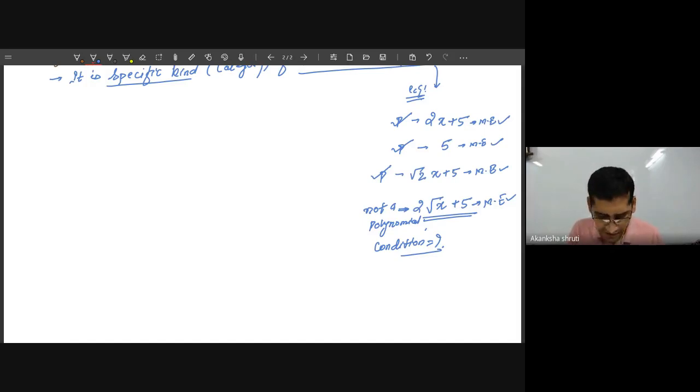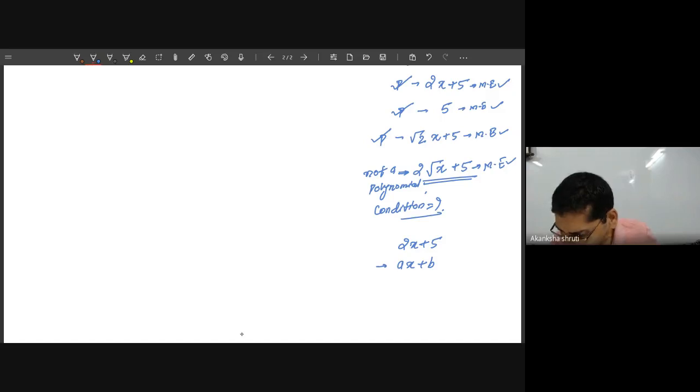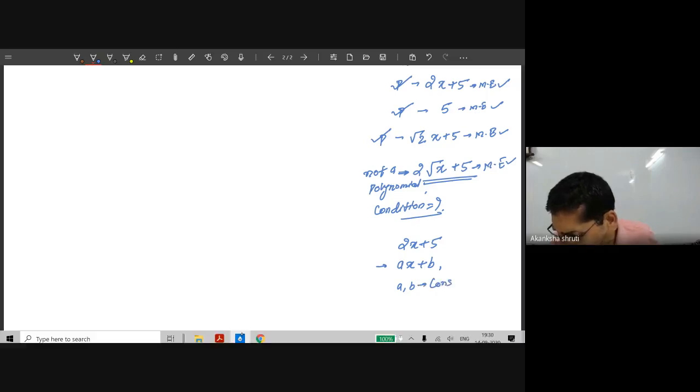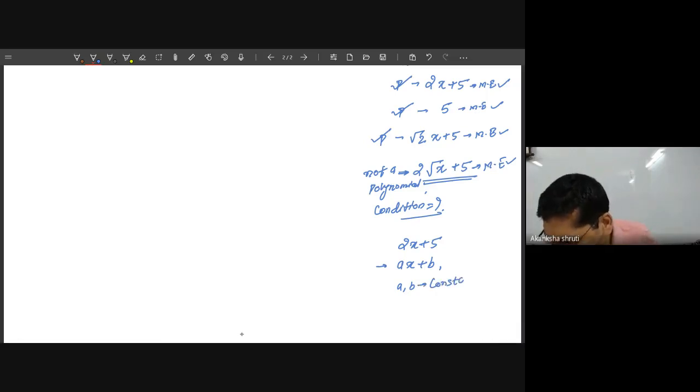In general, if we are given say 2x plus 5, where x is a variable, we can denote this by ax plus b, where a and b are constants and x is a variable.